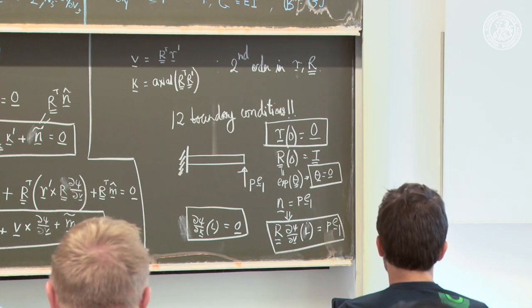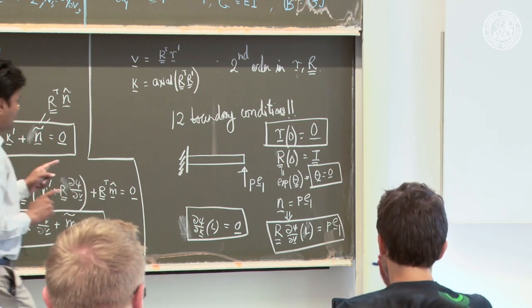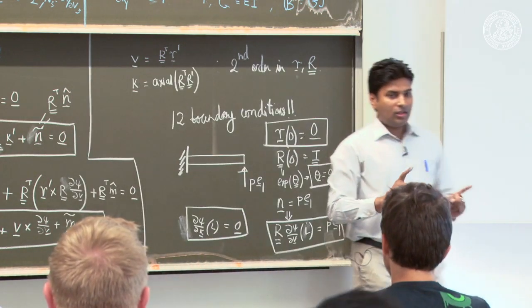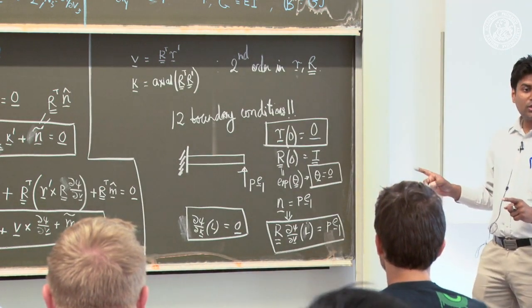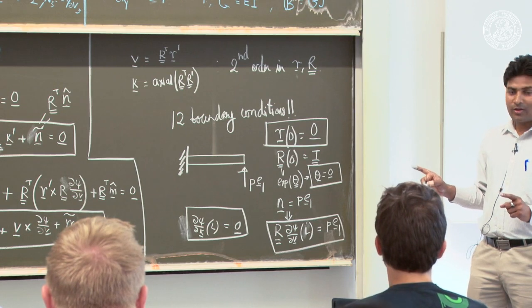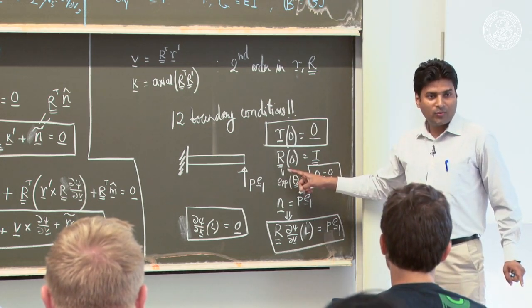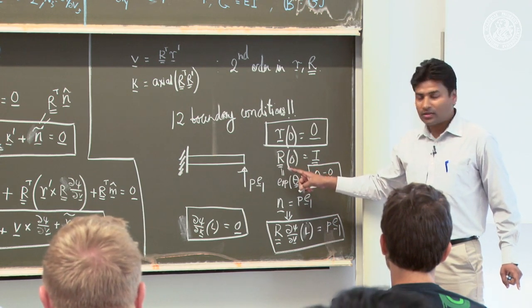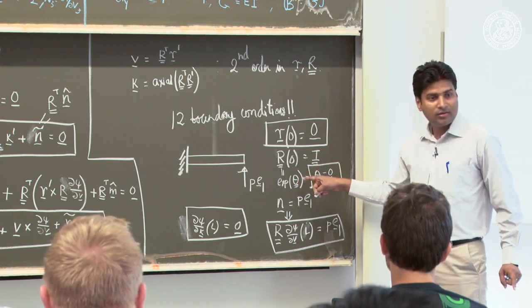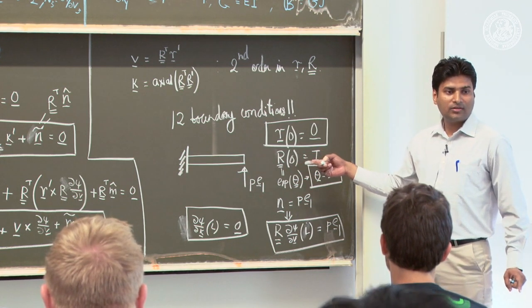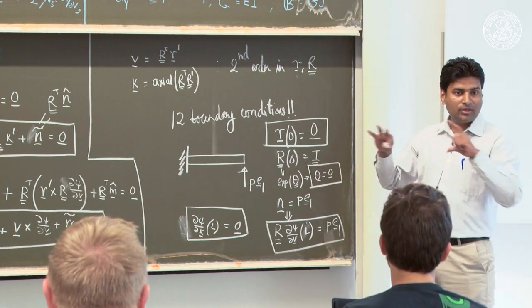Okay, we identified the 12 boundary conditions, but you see it's still not so easy to solve. Why? Because big R, when you think of writing it in terms of this theta, exponential of theta, so it's a very messy equation.